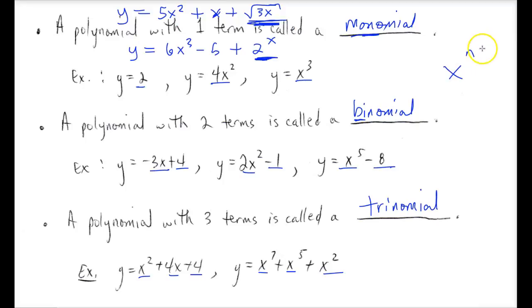Or really I should say a whole number, because we could have 0 here as well. So n could be 0, 1, 2, 3, 4, 5, 6. If it doesn't have terms that look like this or can reduce to that, then it's not considered a polynomial. So this would not be a trinomial, only because this particular term is not allowed in polynomials to begin with.